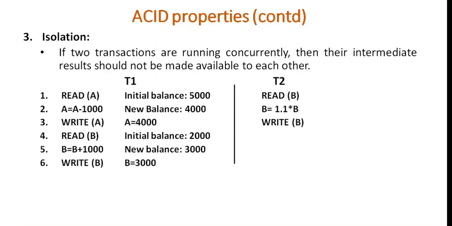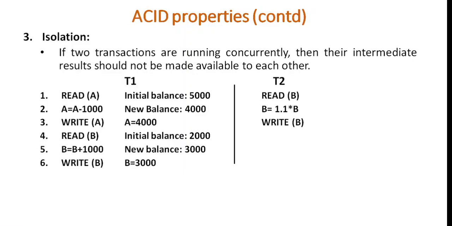See here we have two transactions. Transaction T1, which is our previous example, that is transferring an amount from account A to account B. This is our T1 transaction. And the second transaction, now this is a new transaction T2.